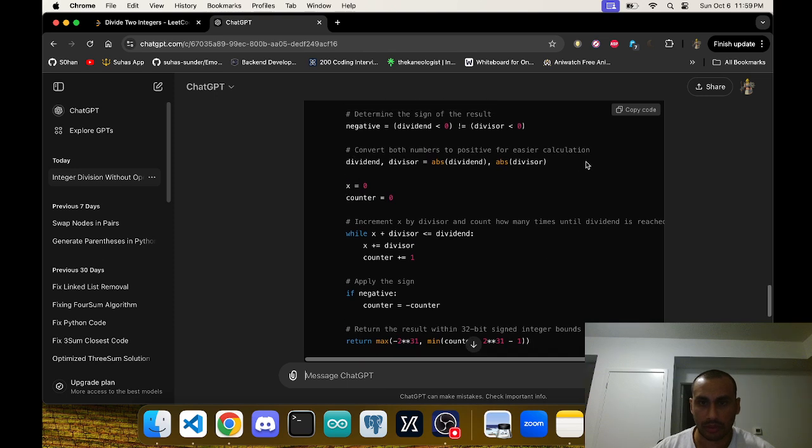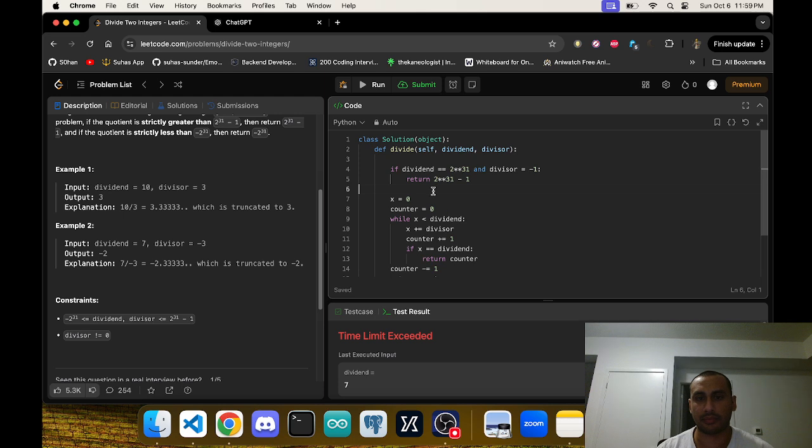Then we go dividend, divisor. Convert both numbers to positive so it's easier for calculation. That way we could just do the straight division first and figure the other stuff out after.